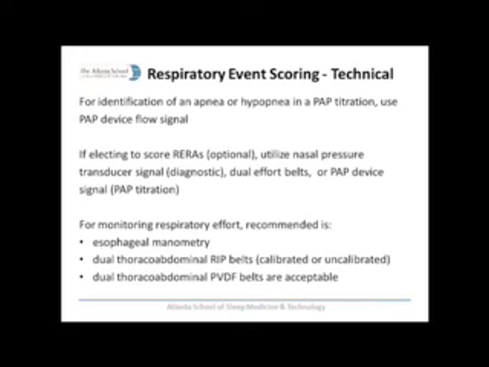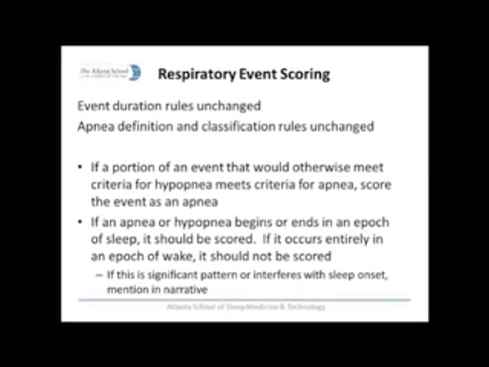In a PAP titration, for identification of an apnea or a hypopnea, recommended is the use of the PAP device flow signal. If electing to score RERAs, again which are optional, utilize the nasal pressure transducer signal in a diagnostic study, dual effort belts, or the PAP device signal in a PAP titration.